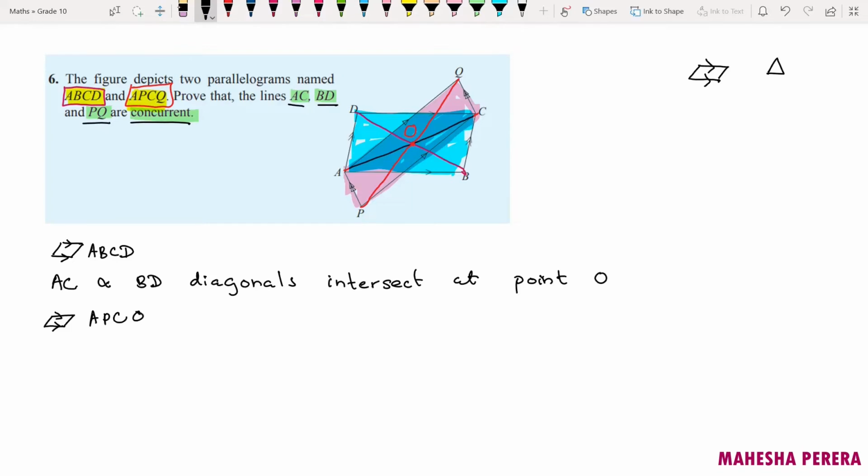Now in the parallelogram APCQ, that is our pink color one, what are the diagonals? AC and PQ.